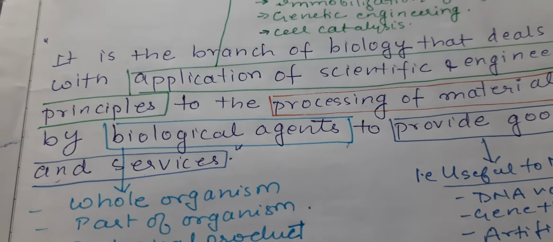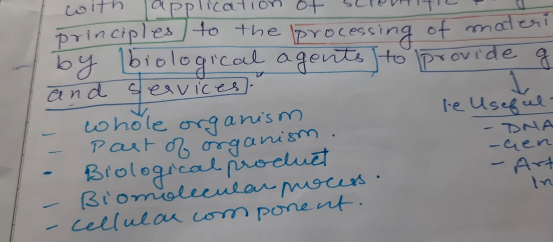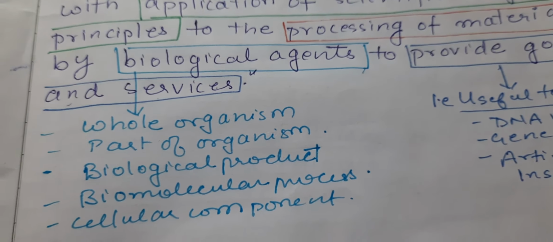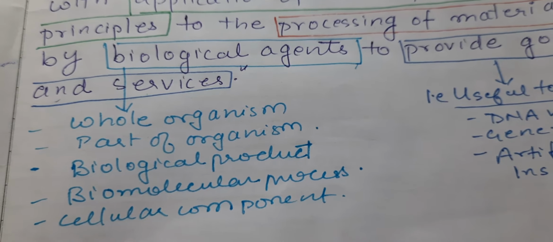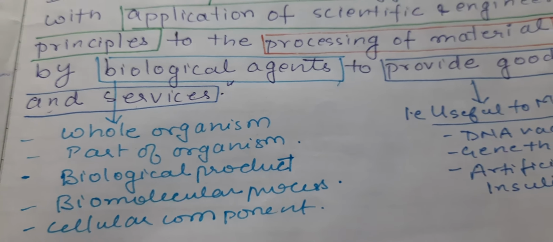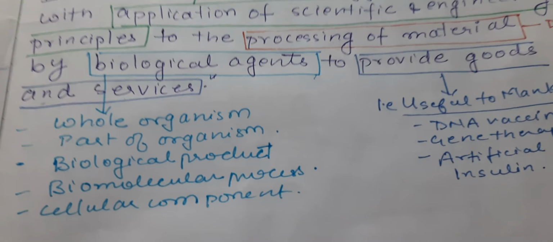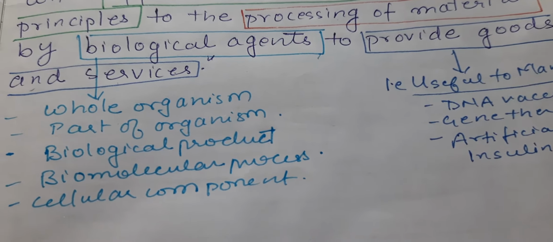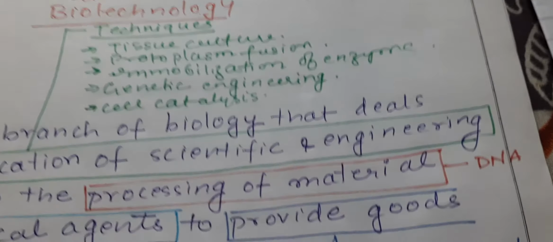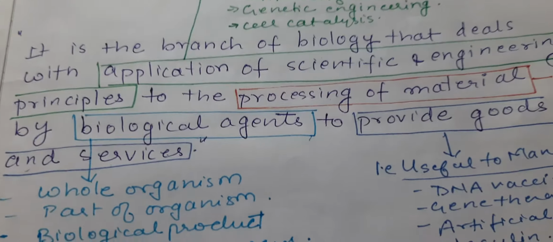The biological agent could be the whole organism, a part of an organism, any biological product, any cellular component, or biomolecular processes such as transcription and translation. Any of these biological agents is used in the technique to provide goods and services.